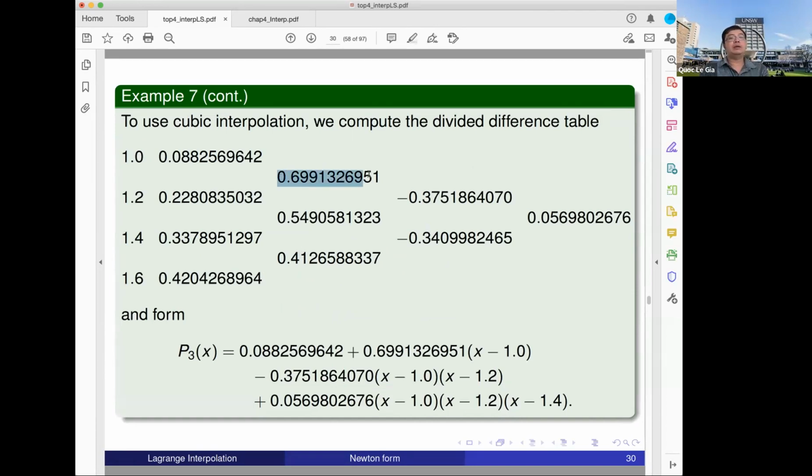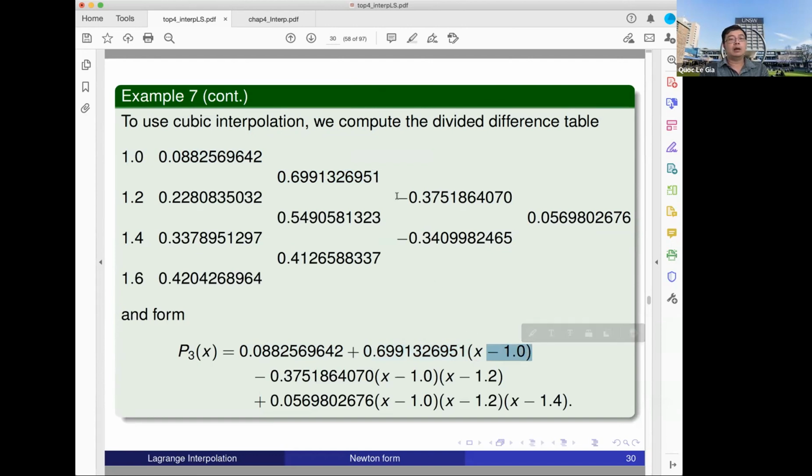Again, you can plug in DD, then you get out all the coefficients. The first coefficient, you put in here. The second coefficient 0.699, you put in here. And do not forget to multiply by x minus the first data point.